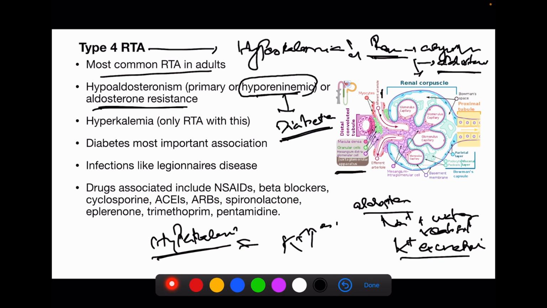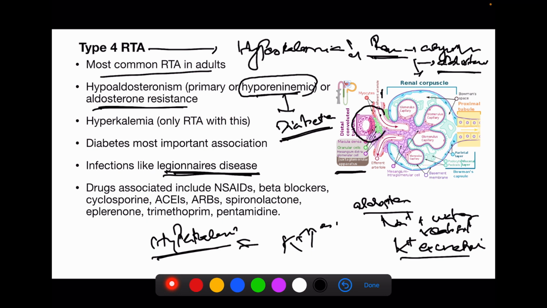This occurs in diabetes, and this can also occur in conditions like Legionnaires' disease, where there is acute or chronic tubulointerstitial inflammation. So when there is tubulointerstitial inflammation, that can also damage this juxtaglomerular apparatus. The juxtaglomerular apparatus basically consists of a portion of the afferent arteriole and the myocytes surrounding the afferent arteriole, the extraglomerular mesangium, granular cells, and the macula densa cells of the distal convoluted tubule.